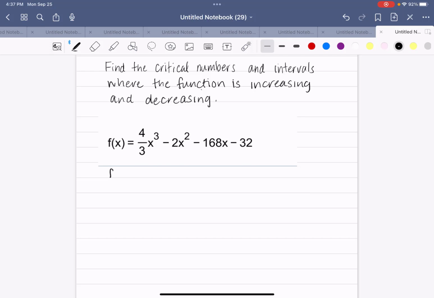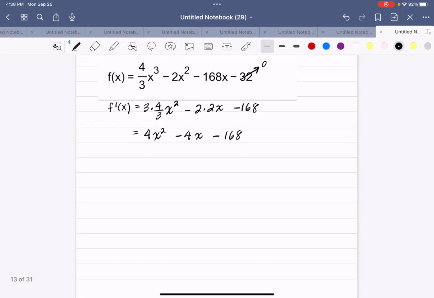The first thing I will do is take my derivative, and I get 3 times 4/3 x squared minus 2 times 2x minus 168, and of course the derivative of that is 0. So I get 4x squared minus 4x minus 168, and that is a quadratic equation.